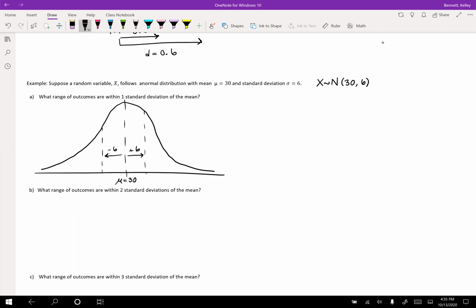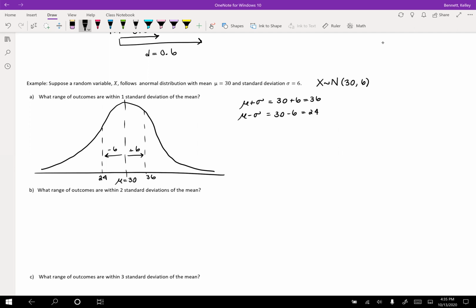If I'm at 30 and I go up by 6, that'll put me at 36. And if I go down by 6, that'll put me at 24. The other way you could look at that is mu plus sigma, mu minus sigma. So that was 30 plus 6 giving me 36, or 30 minus 6 giving me 24.